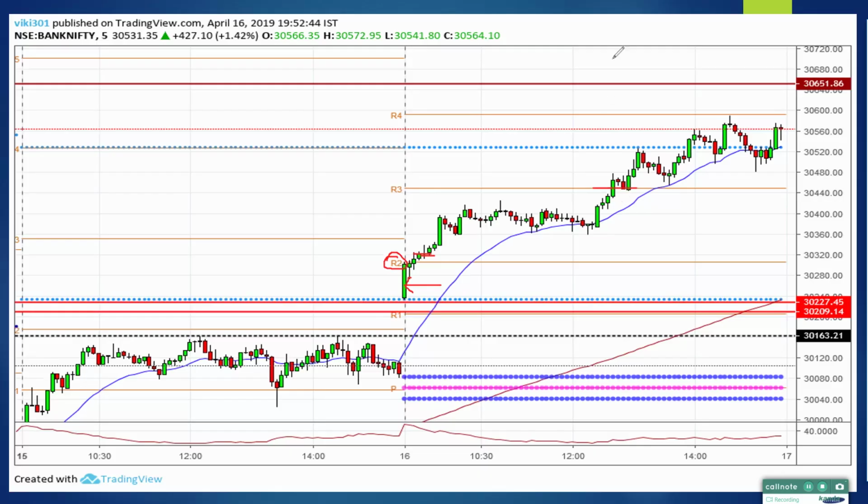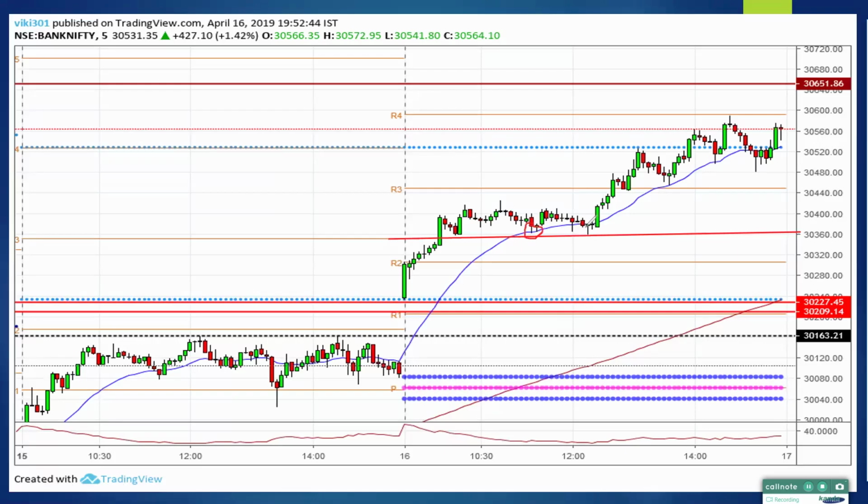And there is one more entry level near the 20 MA. The first time it comes near the 20 MA, you can start adding to the position or enter if you missed it in the opening of the trade. But remember, as I said earlier, if near the 20 MA there was a pivot here like this, it would have been a very high probability trade.